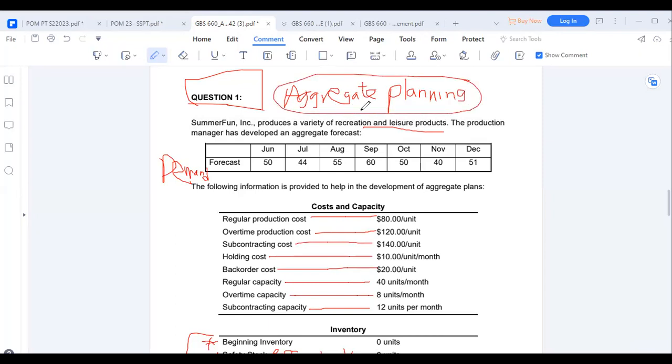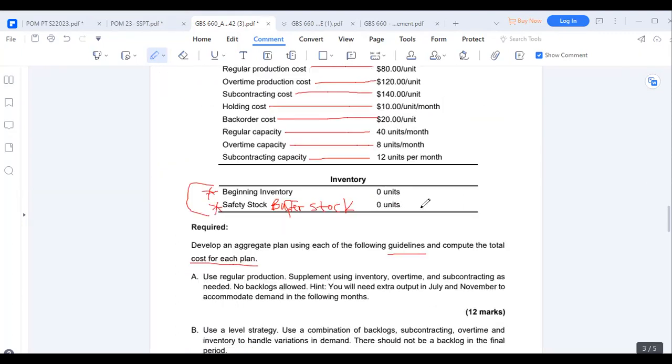And of course the strategies that we have concerning aggregate planning. So for the first one, it says develop an aggregate plan using each of the following guidelines and compute the total cost of the plan.